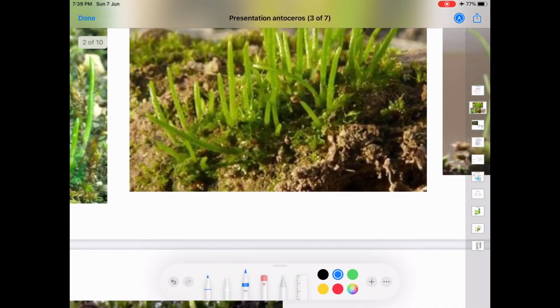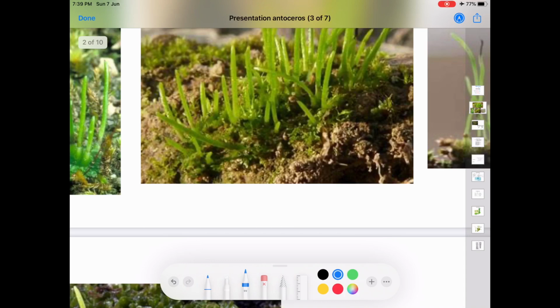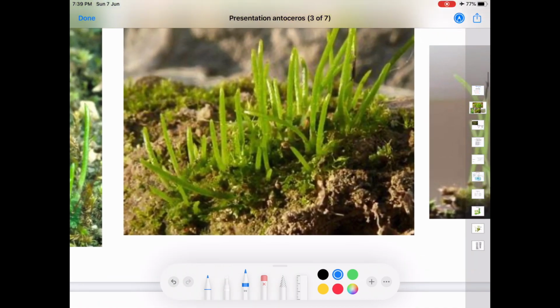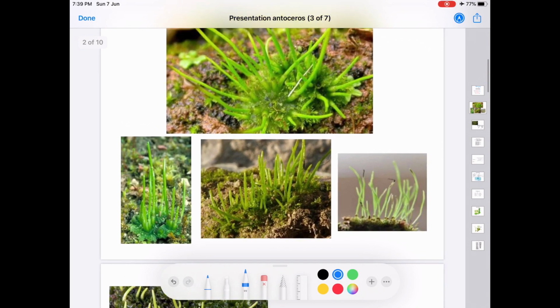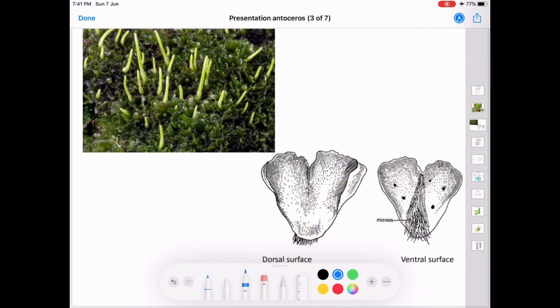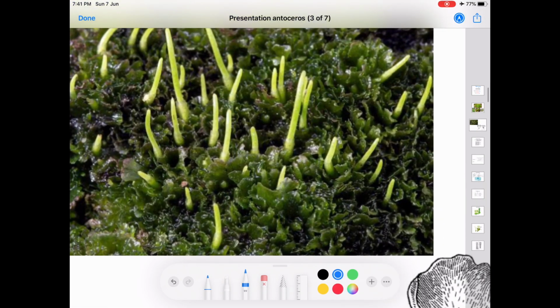The thallus shows a central thick middle portion, but the midrib, as in the case of Riccia, is totally absent in Anthoceros. I have already told you that the thallus is dorsiventral.